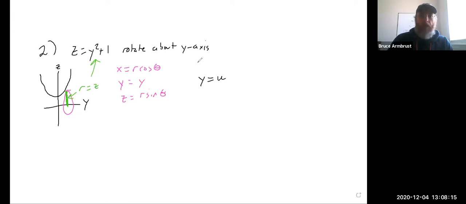So what I'm going to do here for my x is I'm going to make this u squared plus 1 times the cosine of v. Right? So the radius, it's the z. The z is y squared plus 1, and the y I'm calling u, so I just have to change that. So then that makes my z u squared plus 1 sine of v. And the cosine and sine, you can swap those all you want. It doesn't really matter. You just need to make sure you have one with cosine and one with sine to give you that circular cross section.